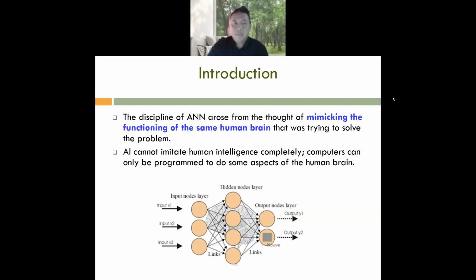So if you look at the diagram here, we have multiple inputs, and inside the hidden nodes, they draw a brain that processes all the inputs that we get, and then we perform some action depending on what we intend to do or based on what input we get. Okay.